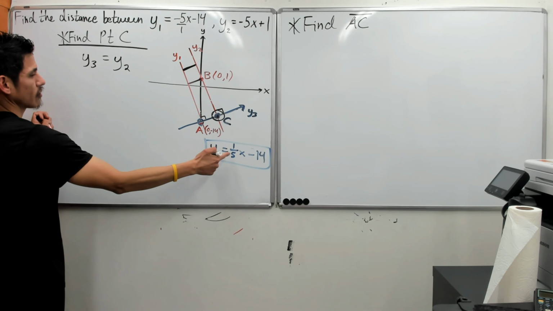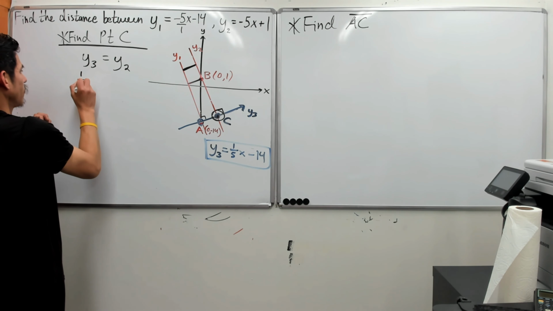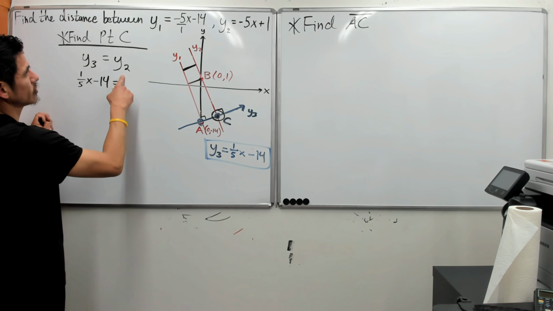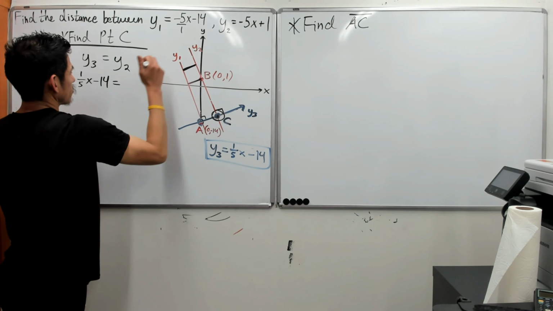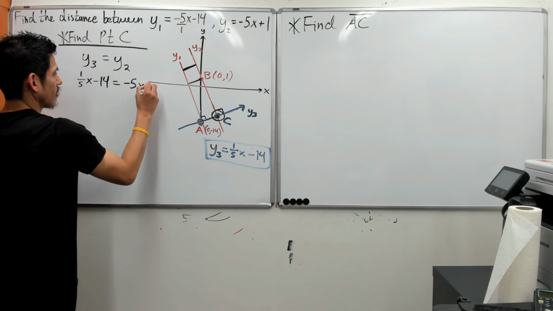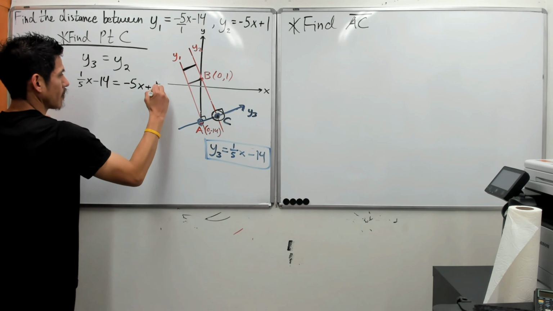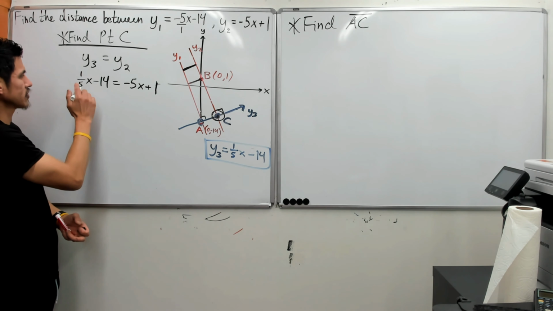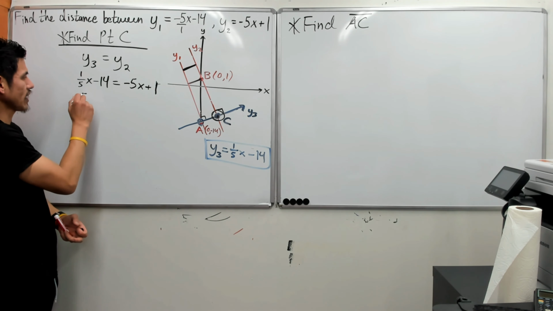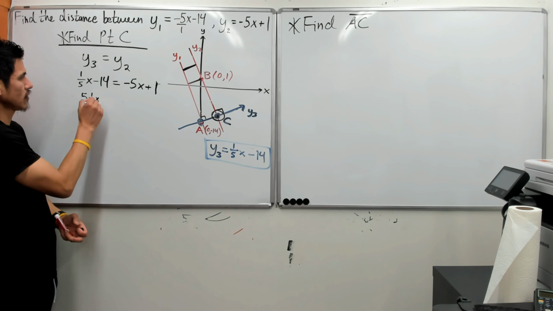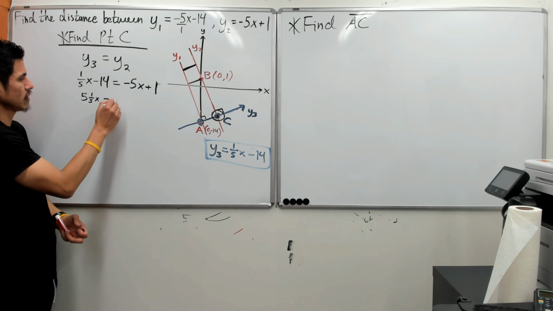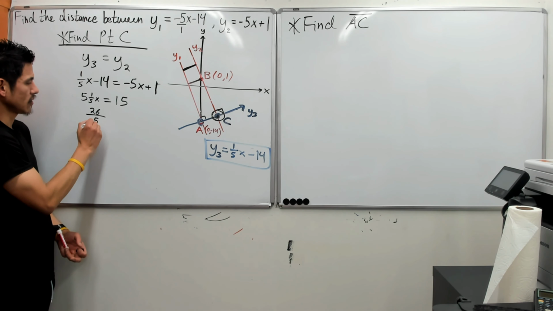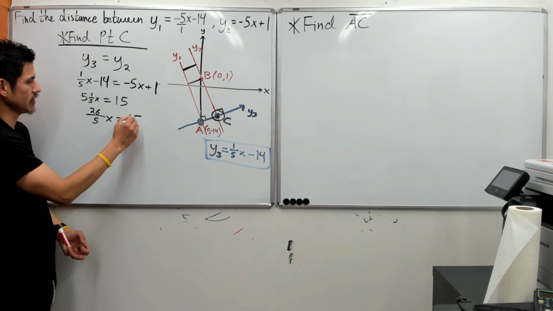Now we rewrite this as 1/5 x minus 14 equal to y2, which is -5x plus 1. And now we solve for x. Let's add 5x to both sides. So 5 1/5 x. Let's add the 14. Let's rewrite this as 26 over 5 x equal to 15.